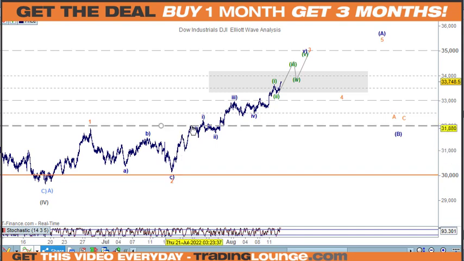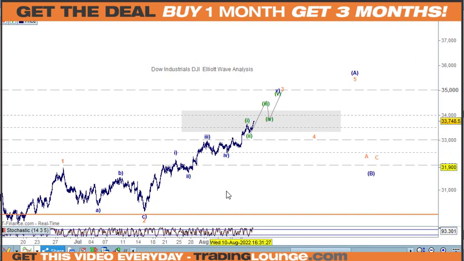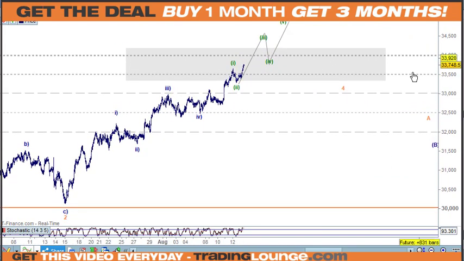It makes such a nice wave 4 and wave 5 here, because if I put wave 1 here, then what the hell's this? I've got 3 waves to the upside, A, B, C here, still leaves me with wave 2 here. So maybe this is going to extend up further.